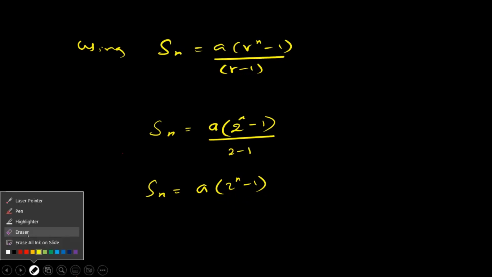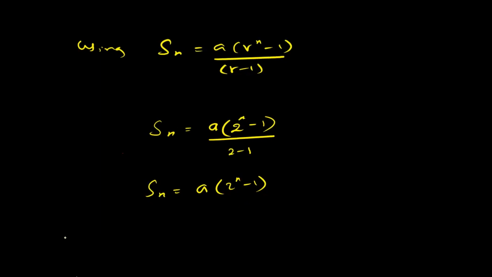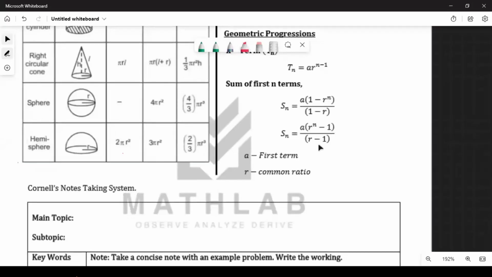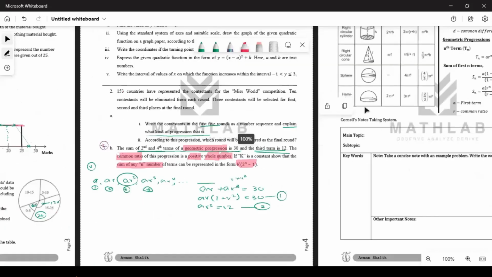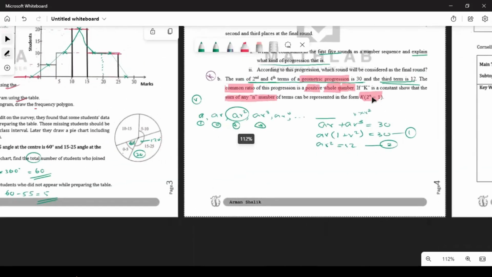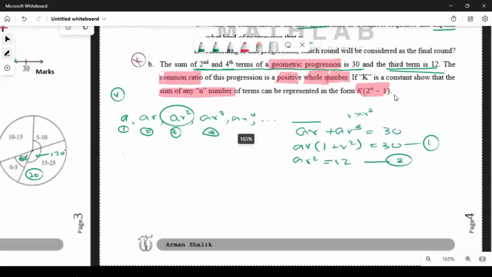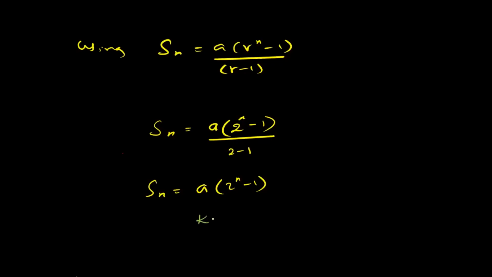So can you see in our question, the final answer format is similar to this. Final answer format is similar to this: K times 2 to the power n minus 1. They're saying K times 2 to the power n minus 1. K is a value that we should decide. Can you see it's corresponding to the first term?